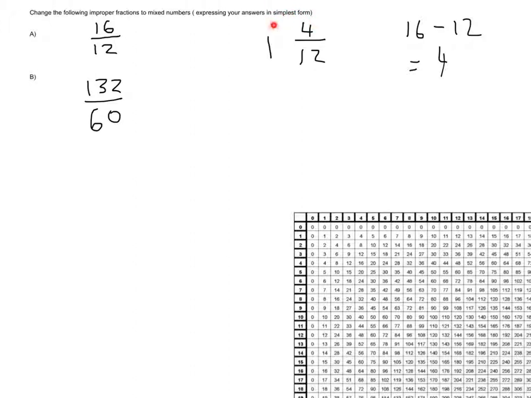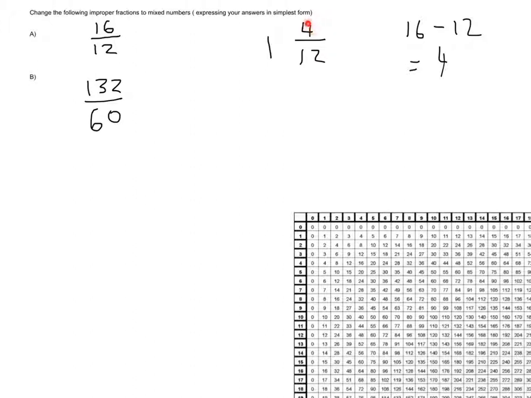Now we can see here that 4 over 12, we have to ask the question, is there one number that goes into the numerator and the denominator? And the answer is yes. If you need to find out how many times 4 goes into 12, let's have a look at the multiples of 4. Because there's no point looking at the multiples of 12, because 12 does not go into 4 equally.